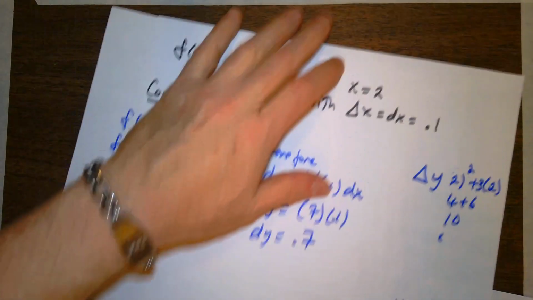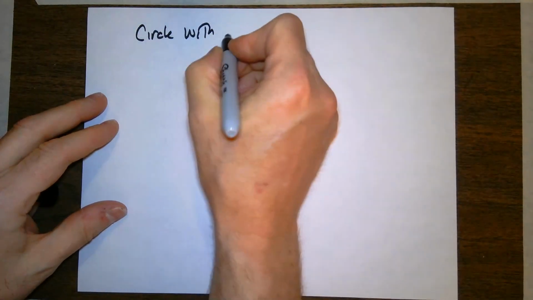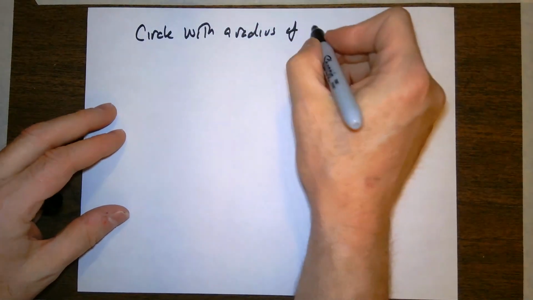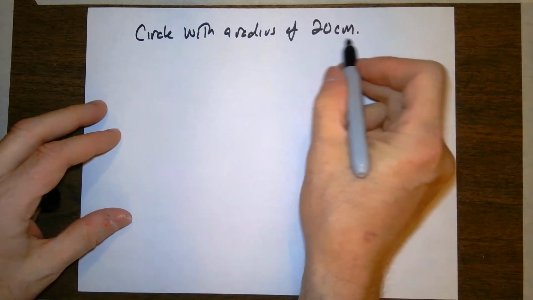All right, let's take a look at a sample problem. I've got two sample problems for us. The first one involves a circle with a radius of 20 centimeters. Now, the radius has a possible error.